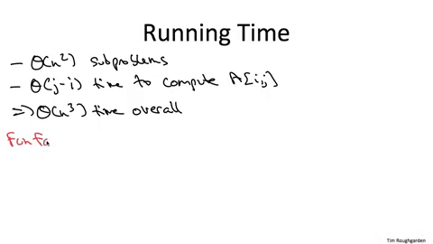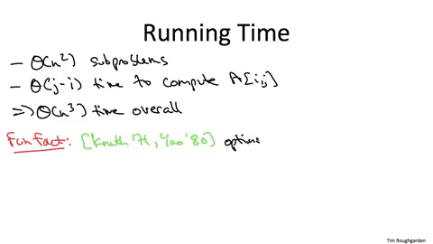On the other hand, here's a fun fact. You can actually speed up this dynamic programming algorithm significantly. You can keep the exact same 2D array with the exact same semantics. Again, each index is going to correspond to the subproblem with the optimal binary search tree between items i and j inclusive.